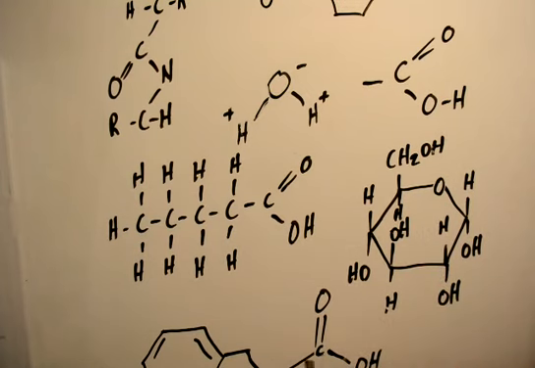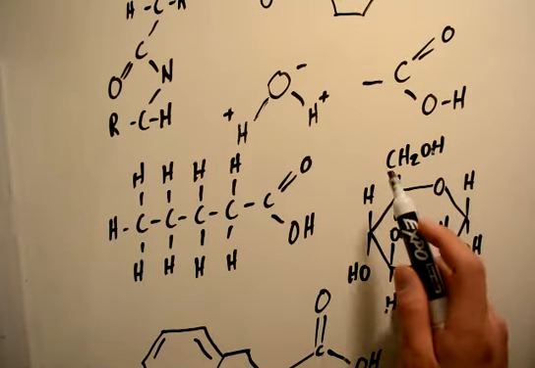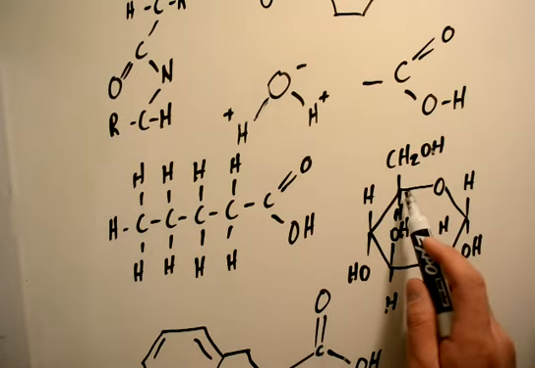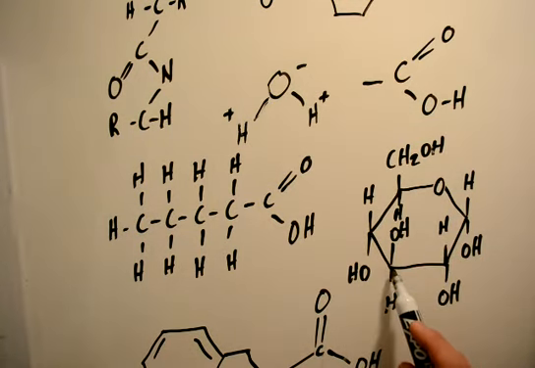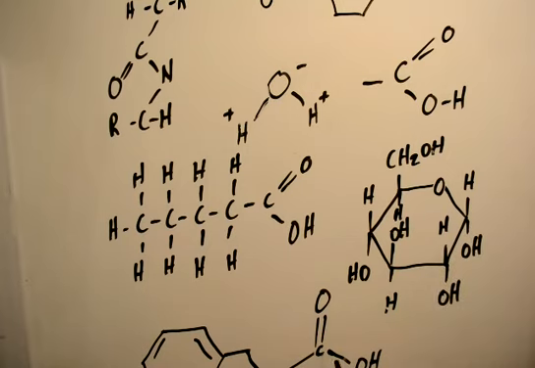So if we have 6 oxygen, we'd expect to see 6 carbon. And do we see 6 carbon? Yes, we do. Here's 1, 2, 3, 4, 5, and 6. We also have 12 hydrogens, so this must be the carbohydrate, and this must be the fatty acid.